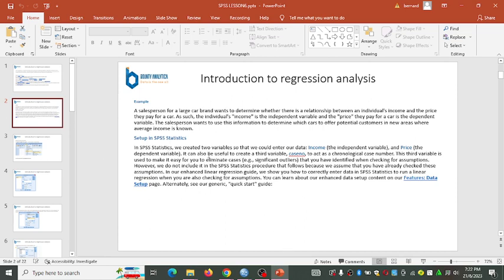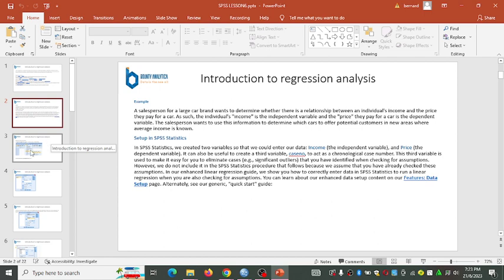It can also be useful to create another variable called casino to act as a chronological case number, but we will not use it here. The third variable is used to make it easy for you to eliminate cases, for example a significant outlier that you have identified when checking for assumptions. However, we do not include it in the SPSS Statistics procedure.